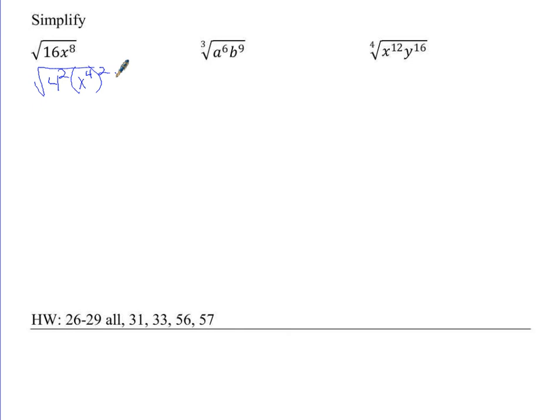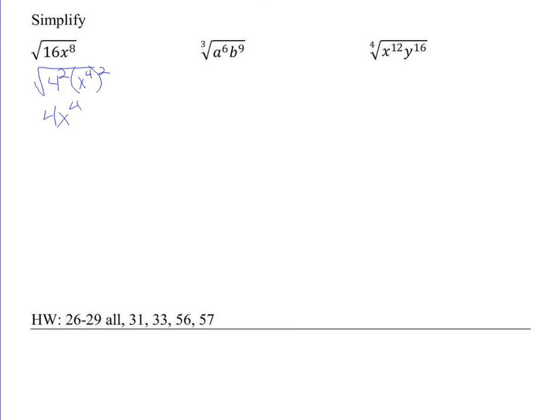Okay. Now what happens? Square root of 4 squared is good. And then, okay, now that was an even root of even powers. Did I wind up with any odd powers? No, so I don't need to worry about absolute value. But 4 is already positive, so I don't have to include absolute value there.